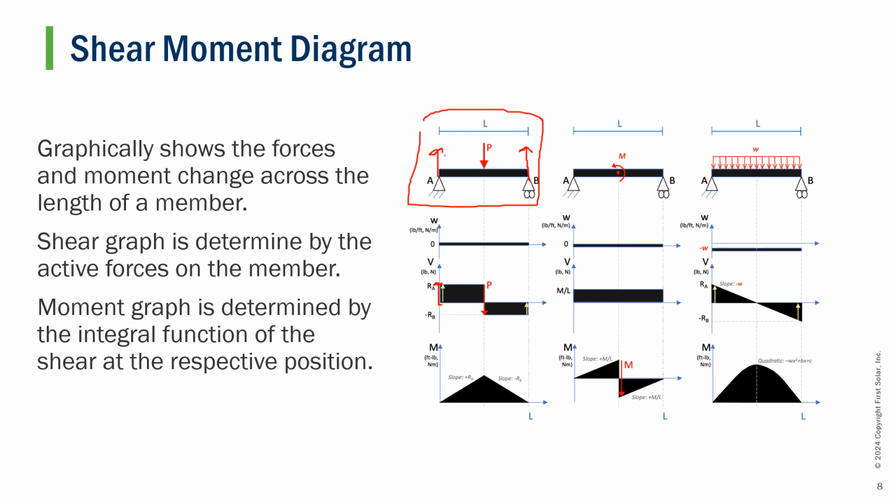And since there is no change in load up until our force P, there is no change in shear until force P. This difference will be the resulting difference between force P minus force A. Here we see that force P is greater than A, so it will create a negative shear down to this point. Again, there is no change in force or shear from P to B, so there is no change in our shear diagram, and force BY will result in our shear diagram returning to 0.